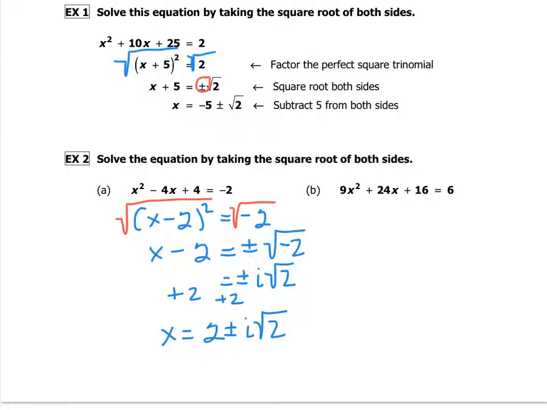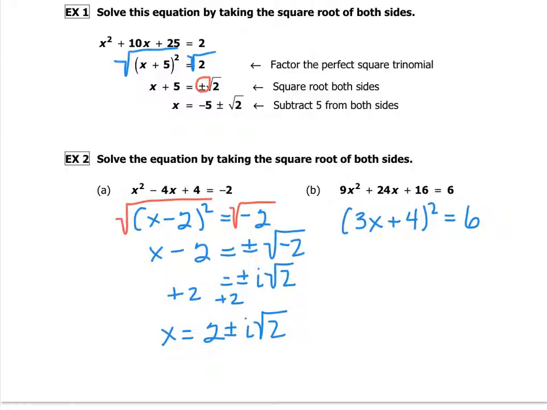Let's take a look at B. Again, I can simplify this by factoring. I have a perfect square trinomial here. This is 3x plus 4 quantity squared, and this equals 6.